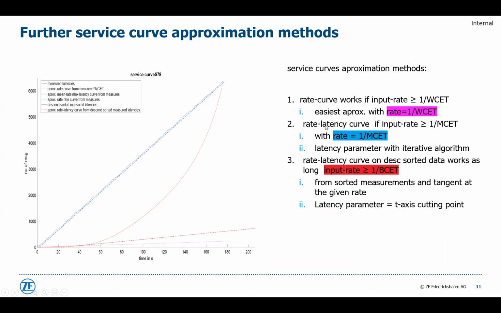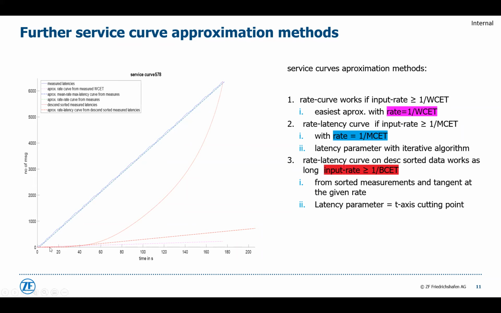Then a second method: we said, okay, we can think about letting the system work with the mean rate, and then shift the curve as far as they don't cut the flow anymore, like for the approximation for the arrival curves.